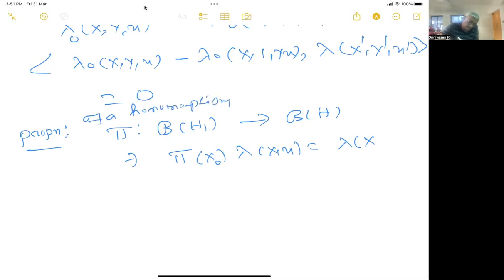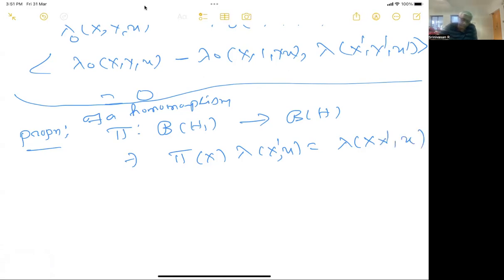So there exists a homomorphism pi from B of H1 to B of H, such that pi of x naught acting on lambda of x prime, u is equal to lambda of x naught x prime, u. Oh, this is a comma. What I wrote is not 1, it's a comma. Okay, so what we do is the following proposed proof.